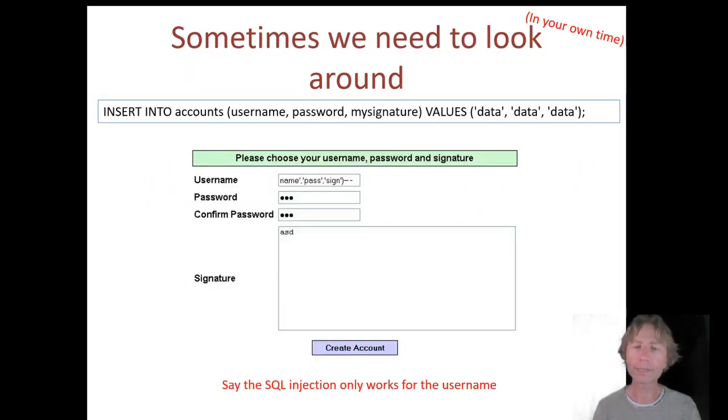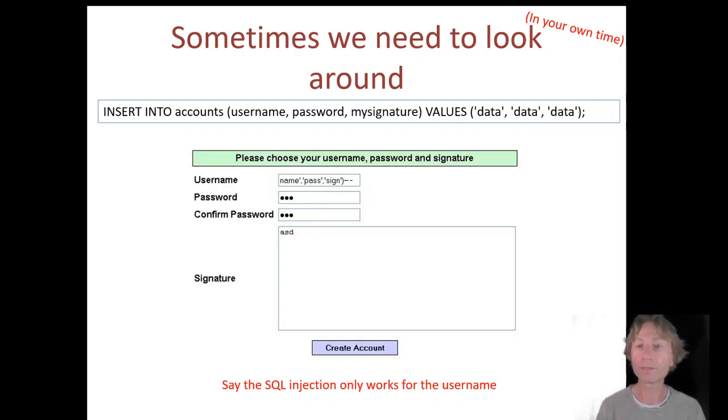Now, assuming that this application is indeed susceptible to SQL injection, we can try the same things that we tried earlier. For instance, filling in for username something containing three fields, so that it also contains the password and the signature.